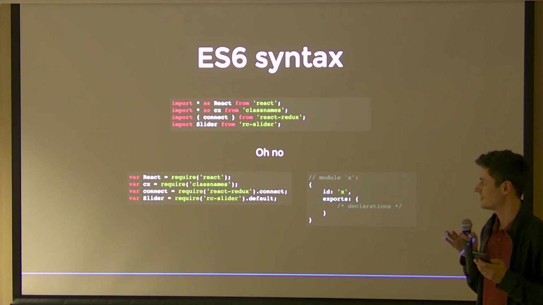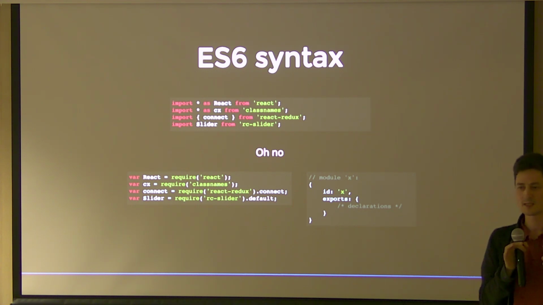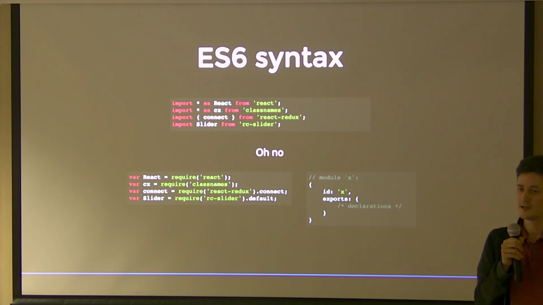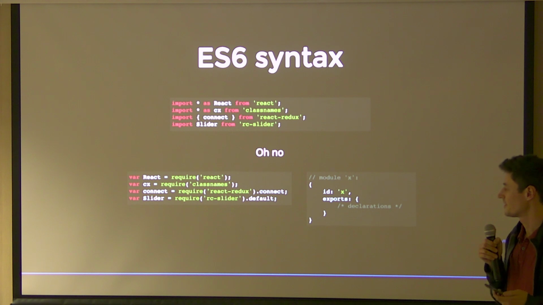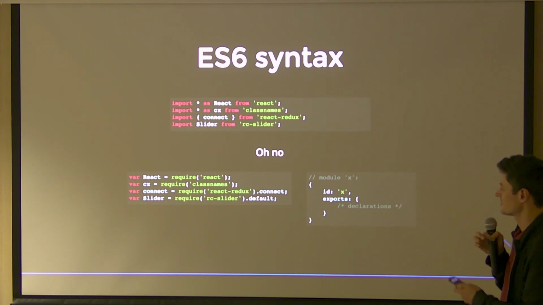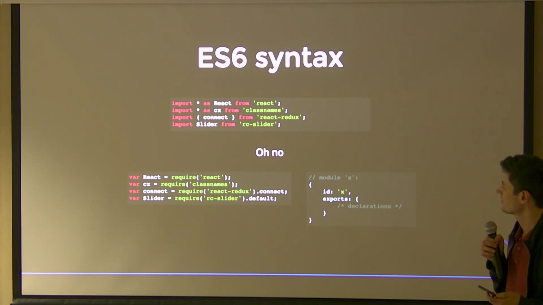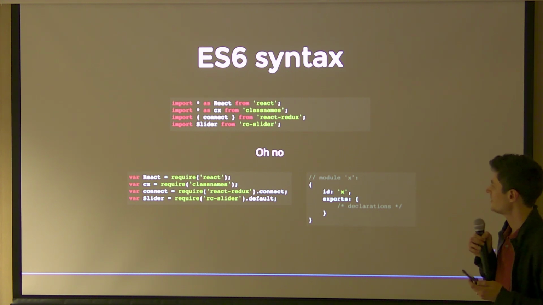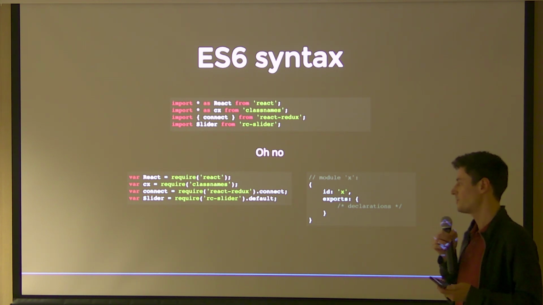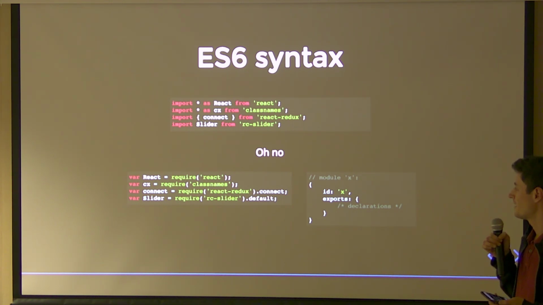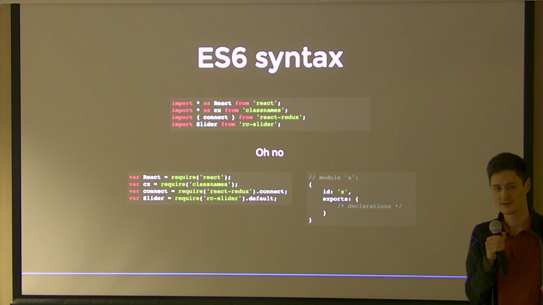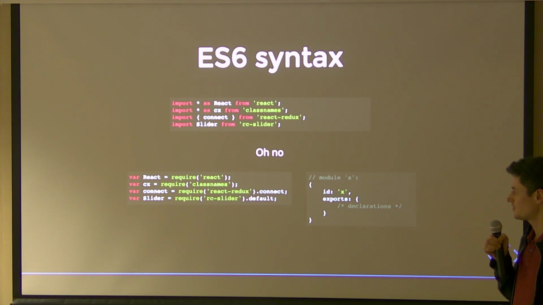So star as React gives you literally the export object. Like React, it's an object containing functions and classes, while in some cases the export object would be literally a function, like the classNames function in React. In the case of the curly braces, it is using ES6 destructuring to obtain the values. Unintuitively, you don't have to put star as, and the curly brace just gets the values from the export, but that's how it is.